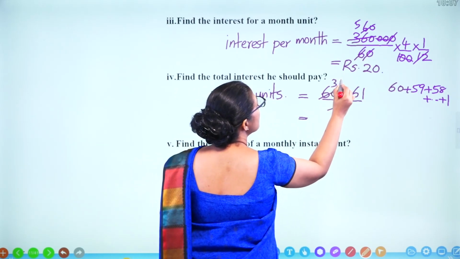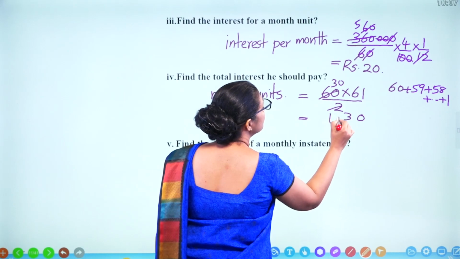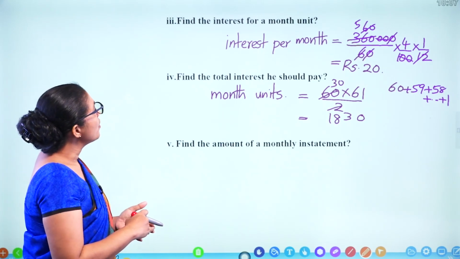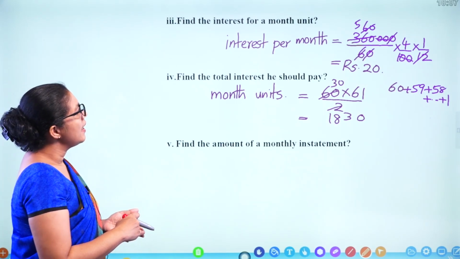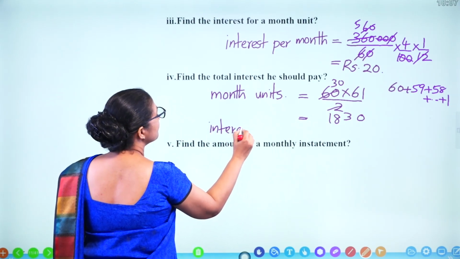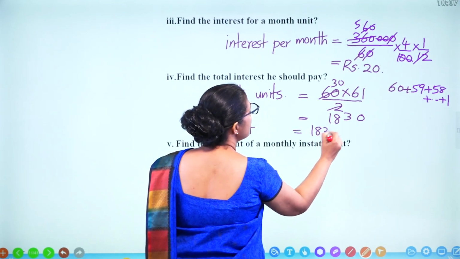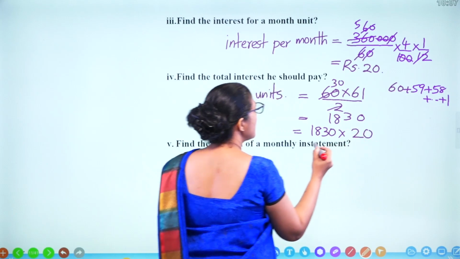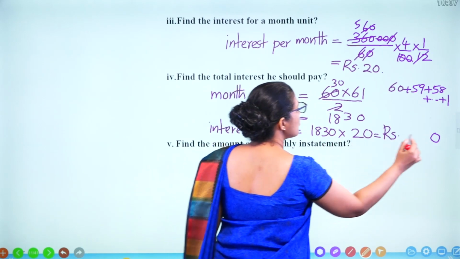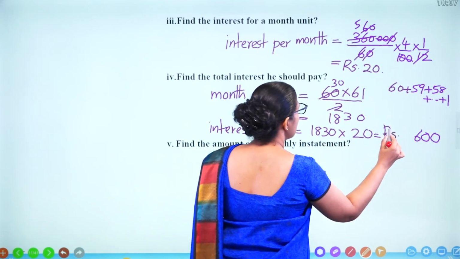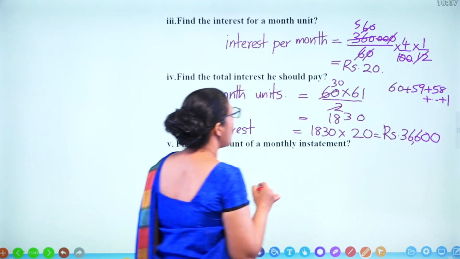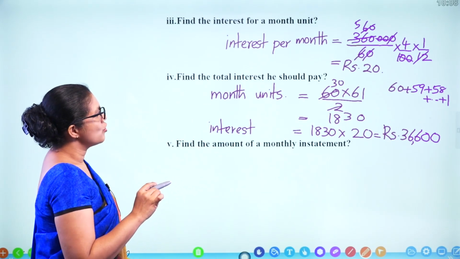So here 1,830 month units are there. So the total interest he should pay is 1,830 into each one 20. That's the amount, total interest he should pay.